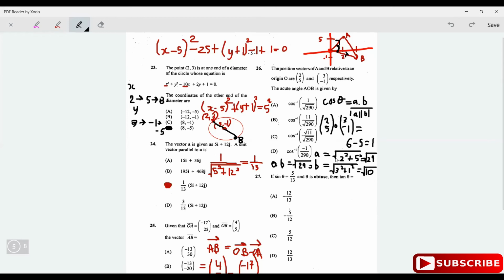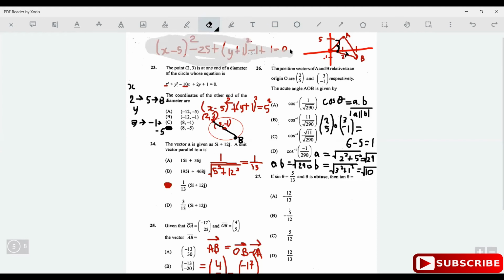And so it's going to be cosine inverse. A dot B here is 1. Just to make some space, I'm going to take off this part.